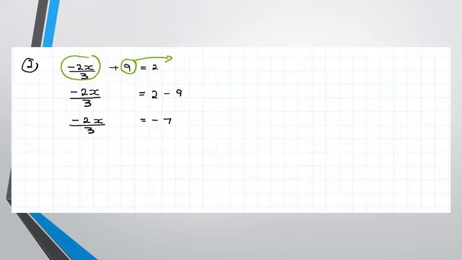Now on the left hand side, I would like to get rid of the minus, the 2 and the 3. So I'm going to multiply with a minus. Why with a minus? Because a minus times a minus gives me a plus. And then to get rid of the 3, I'm going to multiply with 3 over 2.